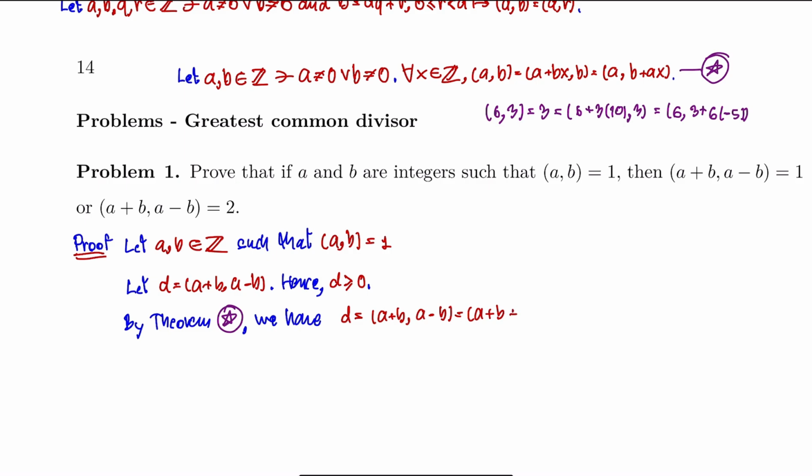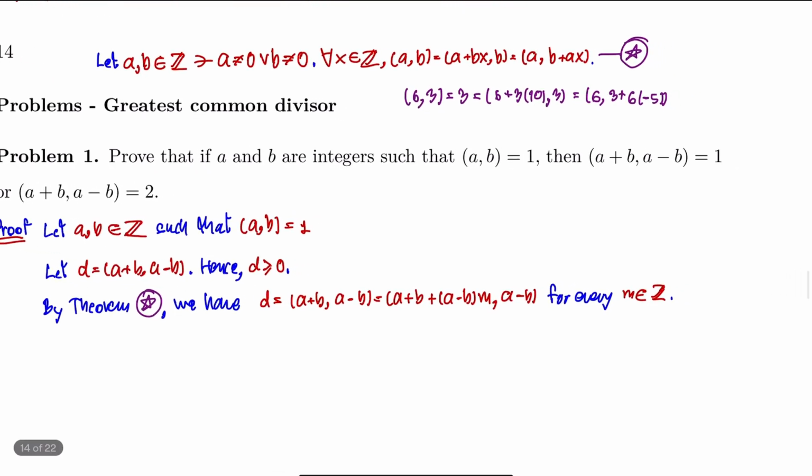So we have a plus b plus a minus b times m, and a minus b, for every integer m.